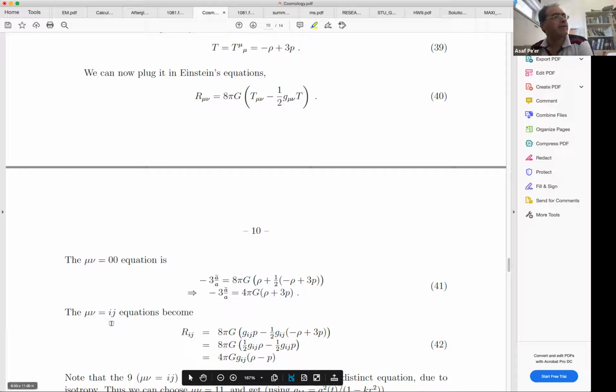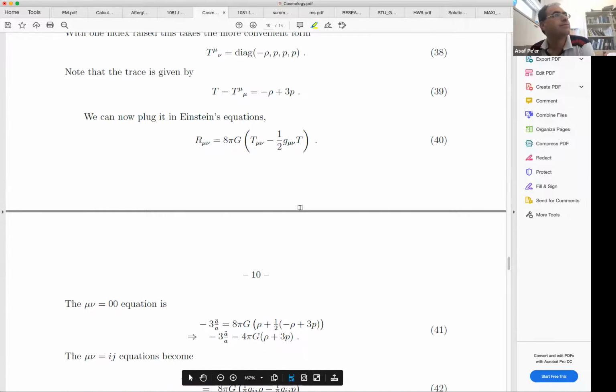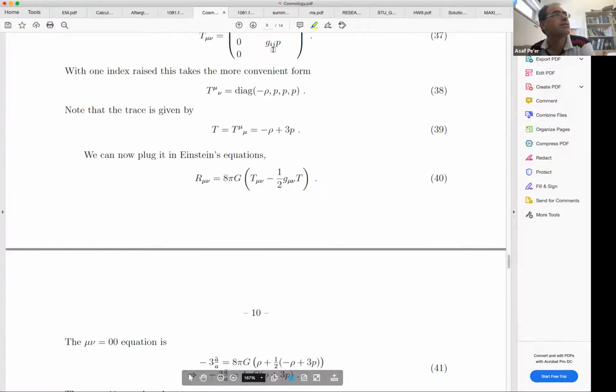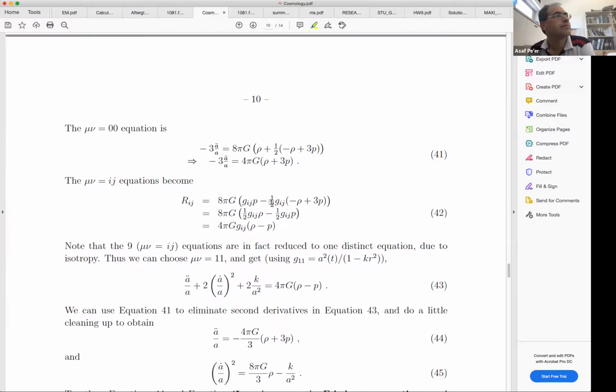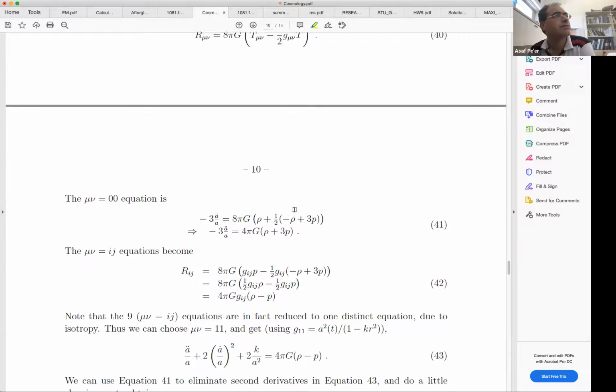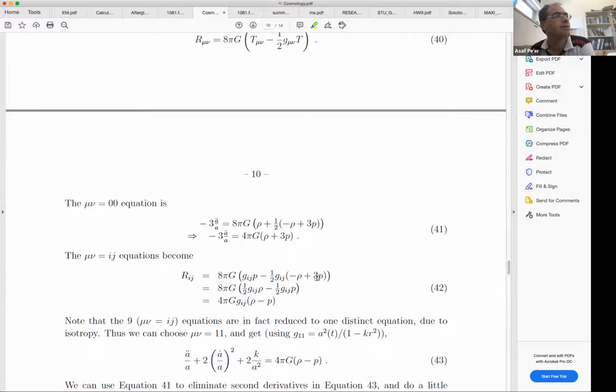And then the mu nu equal ij, you write as Rij equal 8 pi G, again, g_ij p, which we took from the definition of T mu nu here, minus 1/2 g_ij T, which is minus rho plus 3p.